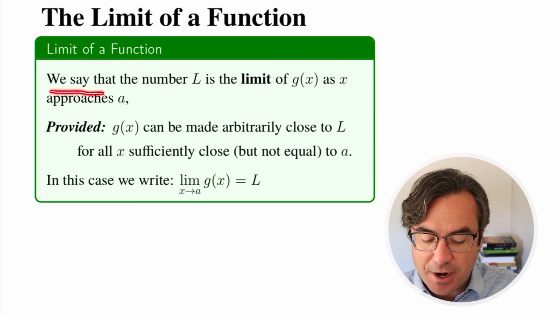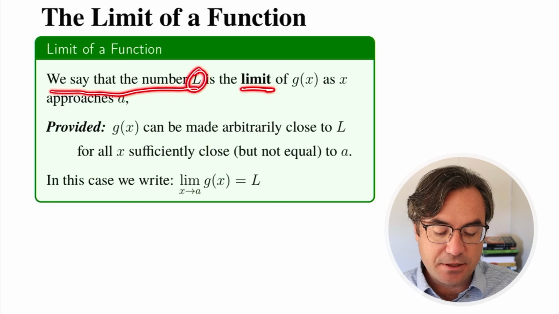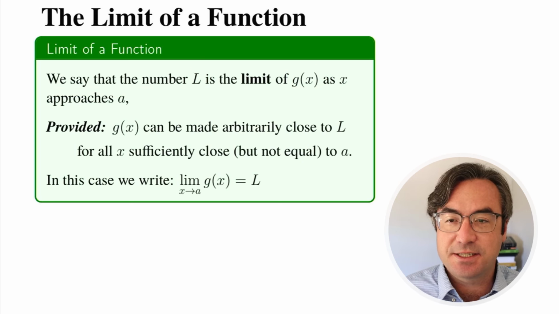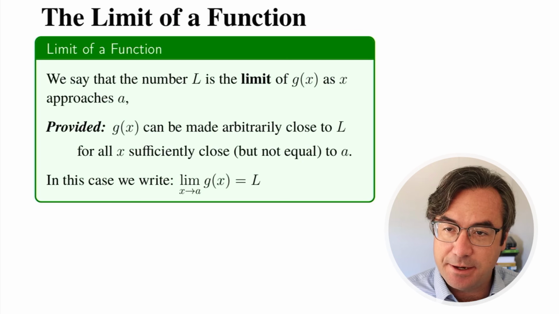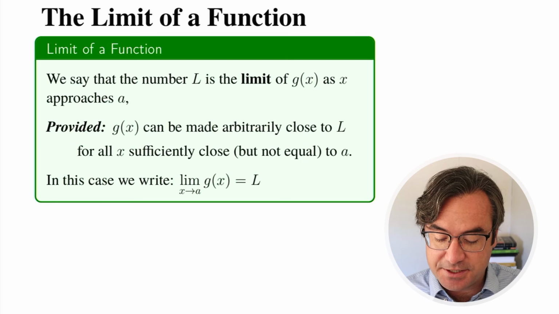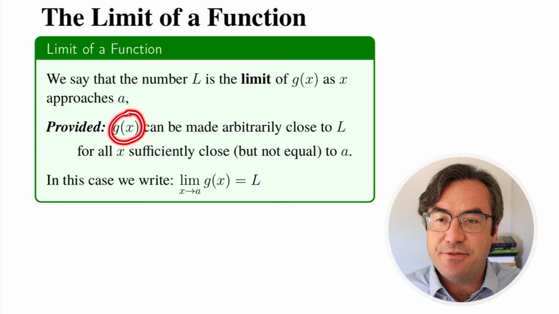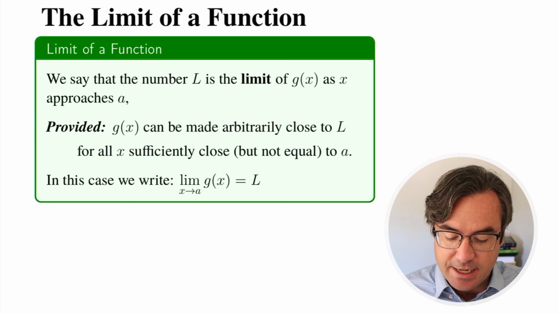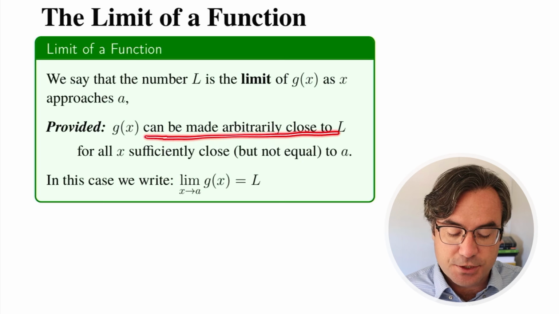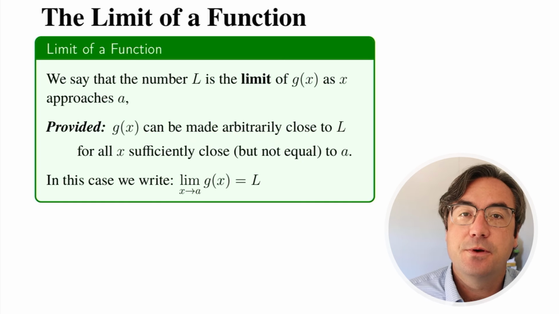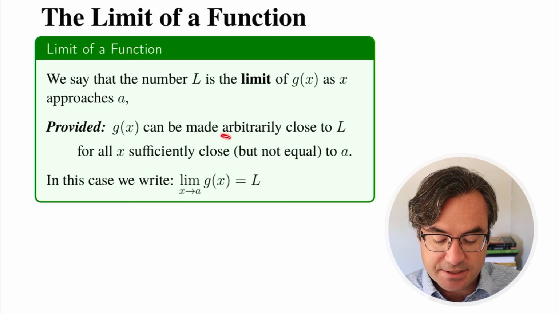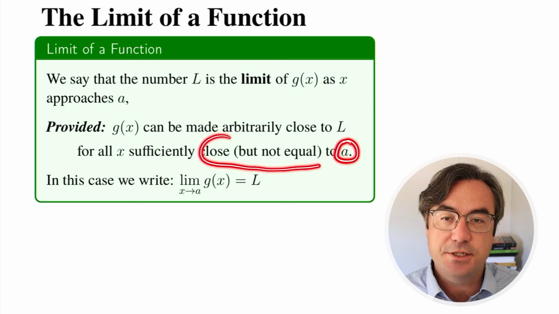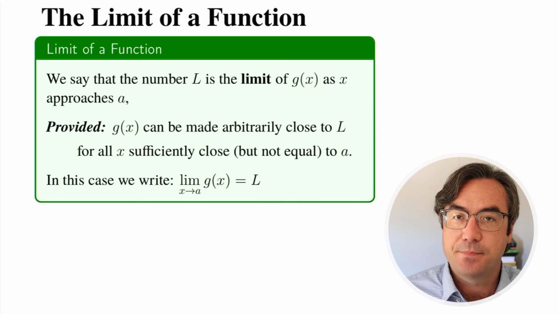So we say that the number L is the limit of a function g of x as x approaches a. What has to happen in order for us to say this is that g of x, the output of our function, is getting closer and closer to the number L as our input x is getting closer and closer to that number a.